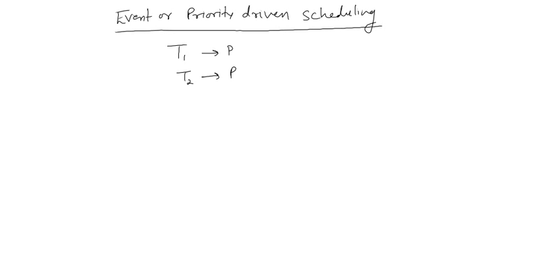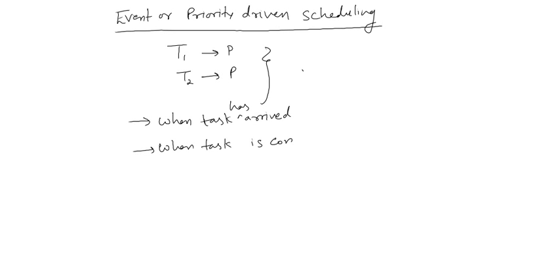For event driven scheduling, the scheduling is performed whenever a new task arrives. It is not defined offline. In the event case, scheduling is done when a task is ready or has arrived, and also when another task is completed. So what is the meaning of that?